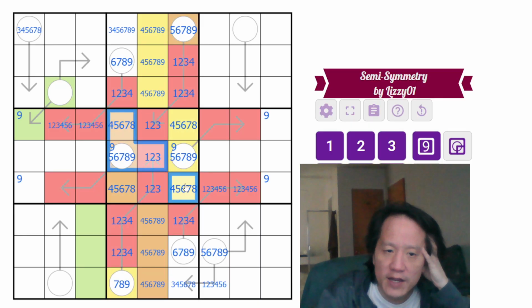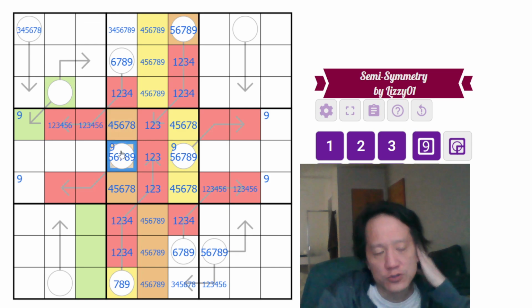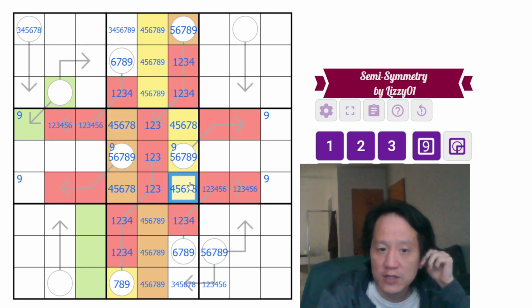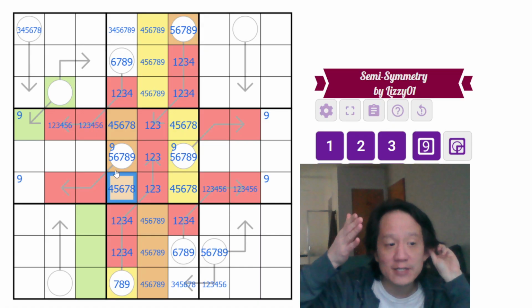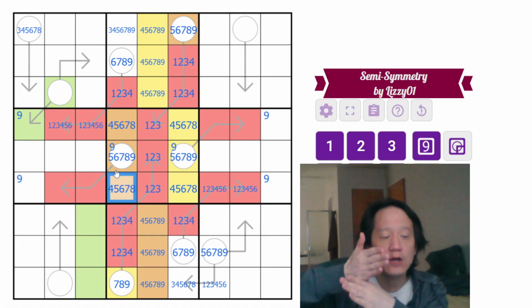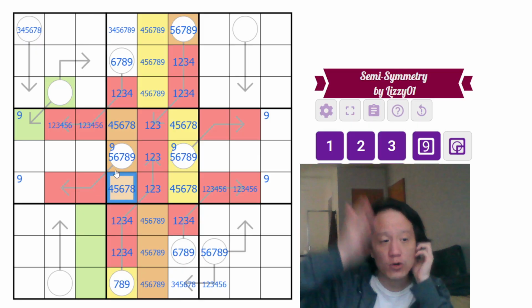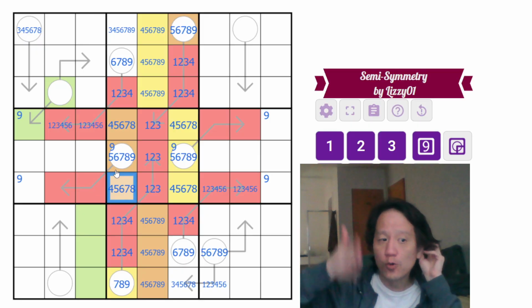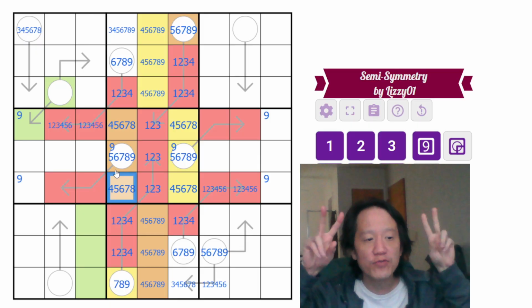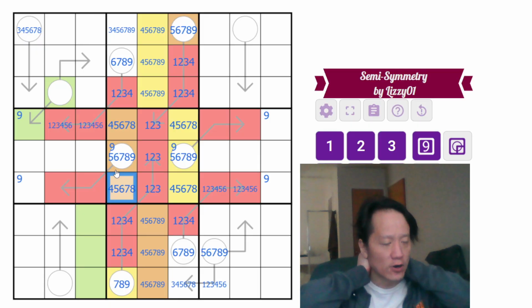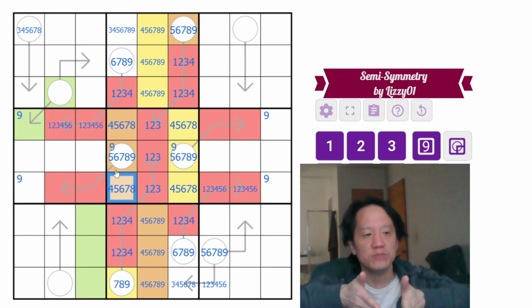Where are the 7 8 in box 5, if that's the case? We know 9 has to be one of these two. And then the 7, the 8 has to be, one of them could be in the other circle, but then one has to be in the corner, which means it eliminates the possibility of a 6, 7, 8 or a 7, 8, 9 in one of the columns. Therefore, you have to have both of the numbers that are basically in both columns.